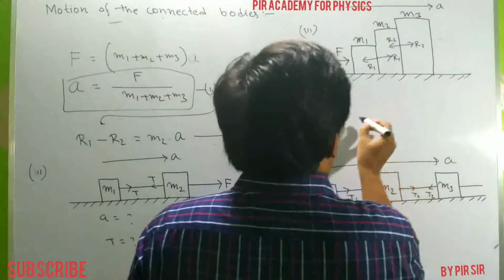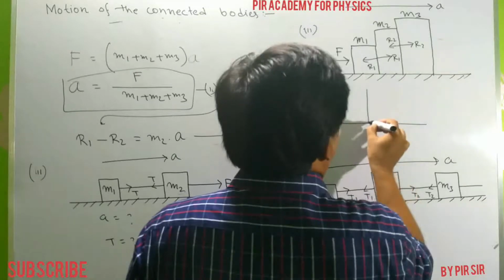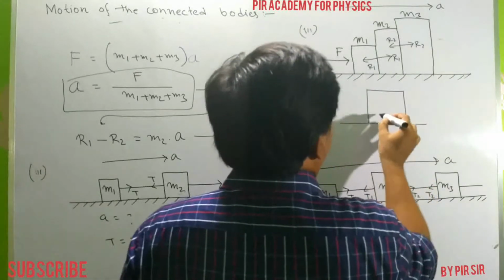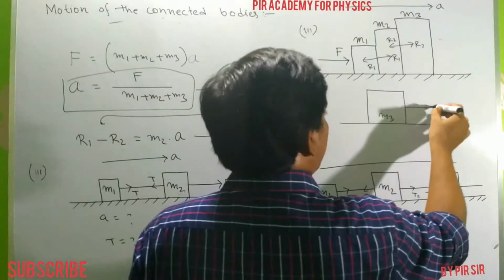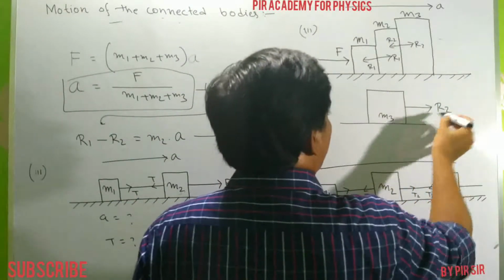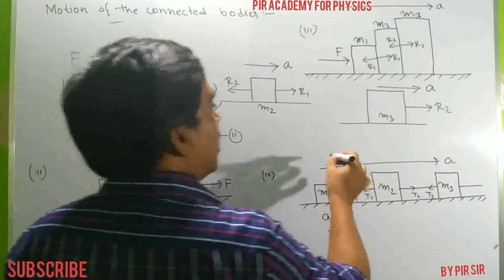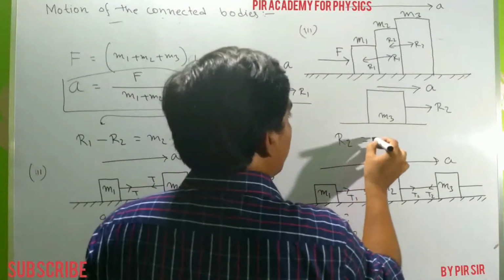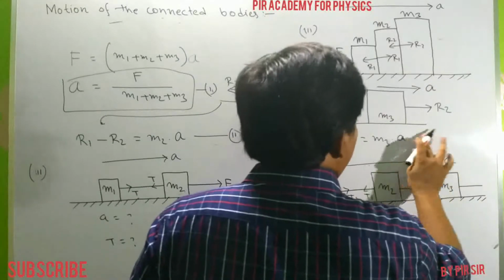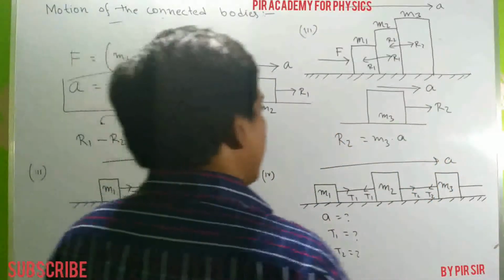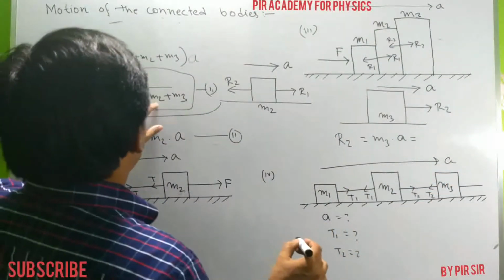Here draw the free body diagram of mass M3. Only one force acts on mass M3, that is R2. The total system goes with acceleration A. That means R2 equals M3 into A. Here A is the magnitude F by M1 plus M2 plus M3.